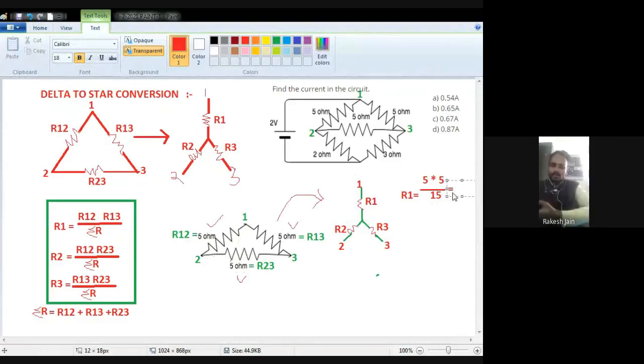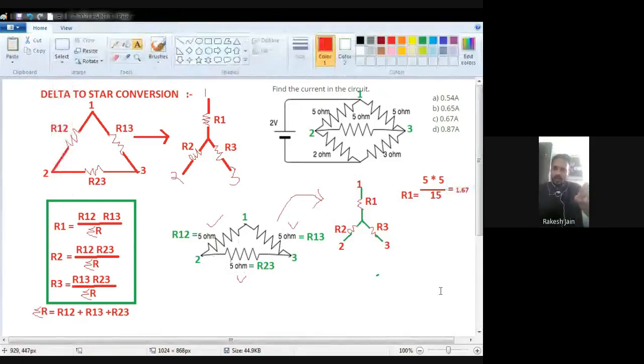So 5 plus 5 plus 5 will be equal to 15, so the answer for this first resistance will be equal to 5 divided by 3, and that will be equal to 1.67, okay.